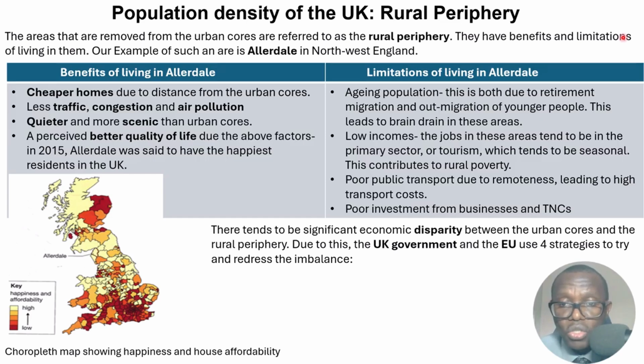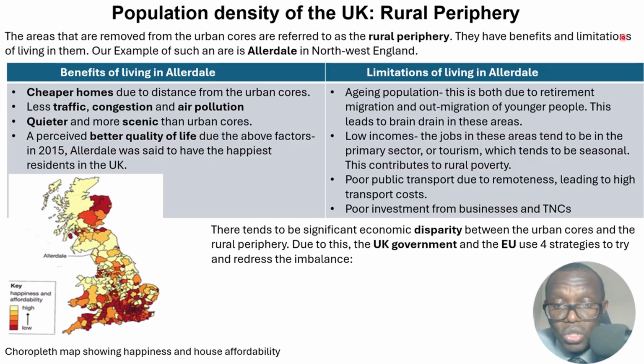Now the limitations of living in Allerdale. One of those is an aging population. Now an aging population in Allerdale is as a result of retirement migration. So when people move out of urban cores to go and live in the rural periphery, like Allerdale, due to the benefits that we have just mentioned.